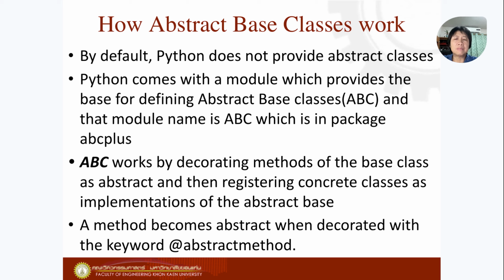And ABC is in package abcplus. ABC works by decorating methods of the base class as abstract and then registering concrete classes as implementations of the abstract base. And a method becomes abstract when decorated with the keyword @abstractmethod.